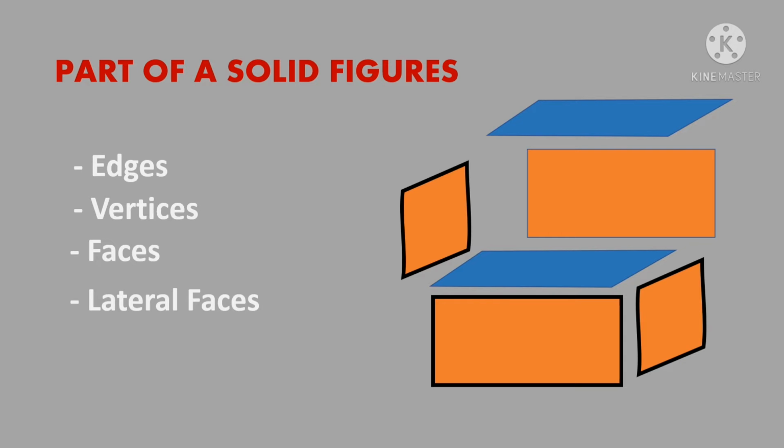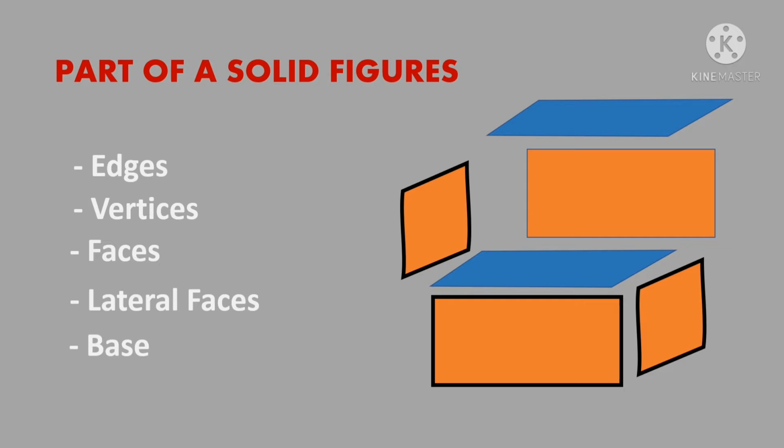The given figure has 4 lateral faces. Lastly, we have the base. The base is the top or the bottom part of the figure. This given figure has 2 bases.